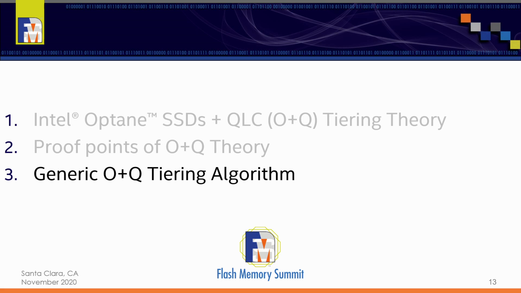But we also developed some tools that allow you to automatically figure out what should be the best classification schema and what to put on Optane and what should be put on backend storage. And Mariusz Balczak will describe this to you.